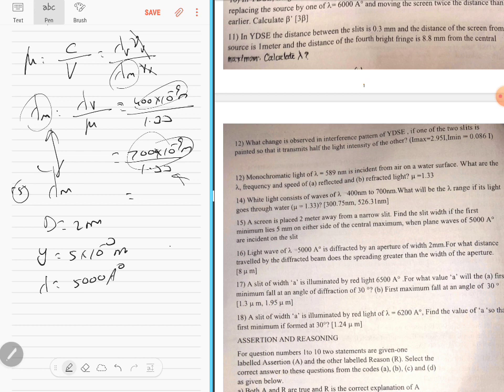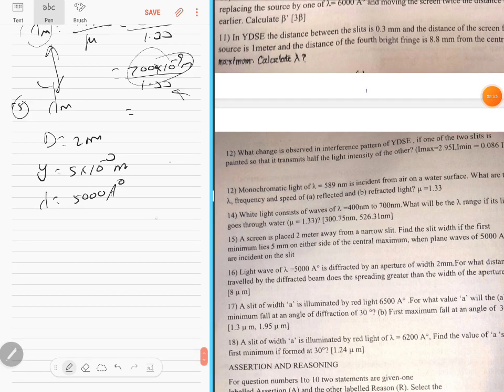They haven't given the final answer for this. It's just that from the central maximum, this position is 5 millimeter.